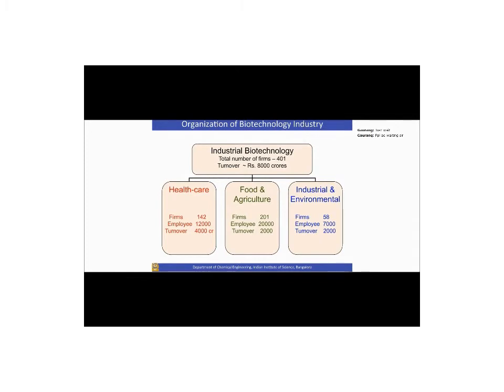There are about 400 different kinds of firms or companies in this field with an annual turnover of about 8,000 crores. We can broadly divide these companies into healthcare, food and agriculture, and industrial biotechnology. As you can see, the dominant impact is in the field of healthcare and natural resources.